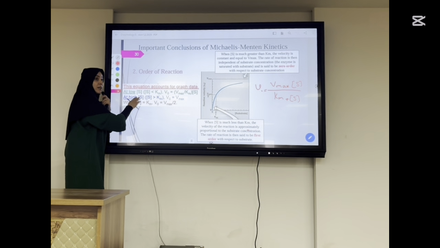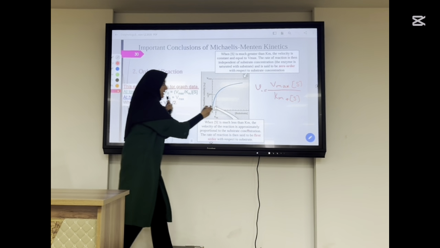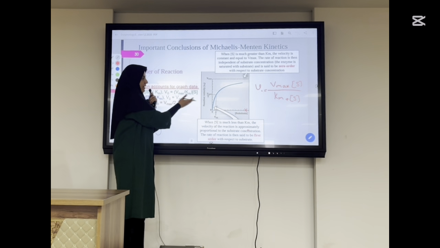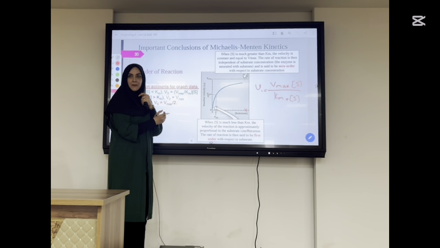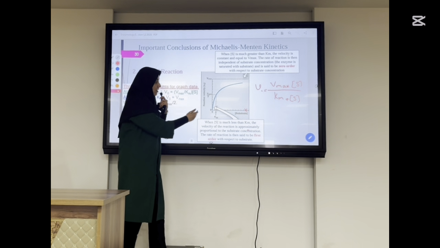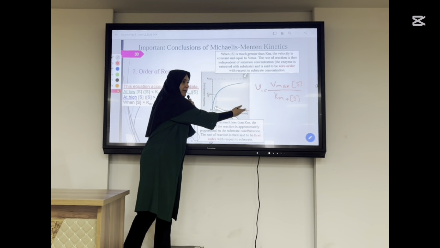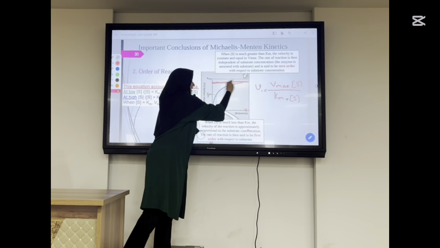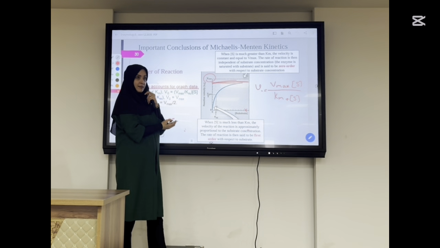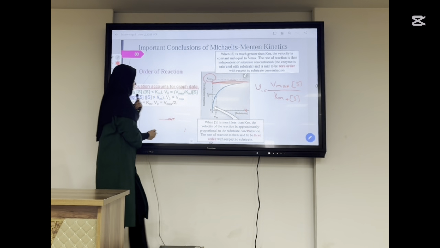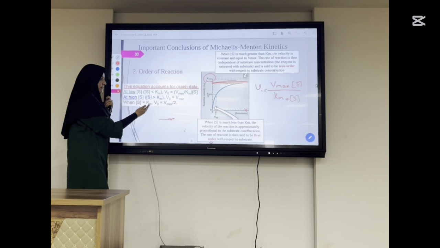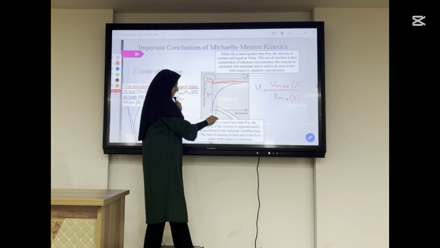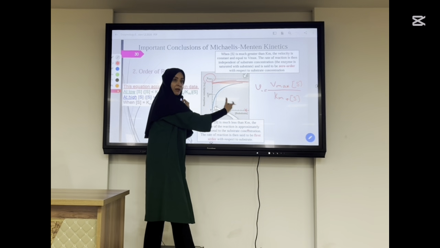At high substrate concentration, I'm talking about here. According to the curve, please tell me, whenever the substrate concentration is very high, the velocity is here, Vmax. What about the formula? The substrate is very, very high, so I can ignore Km when the substrate is very high.